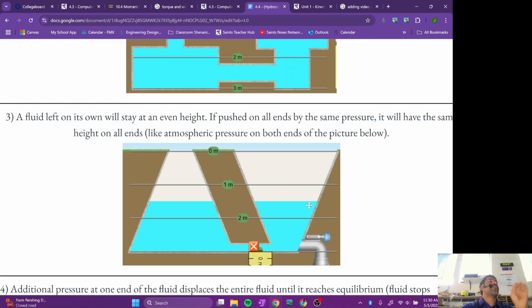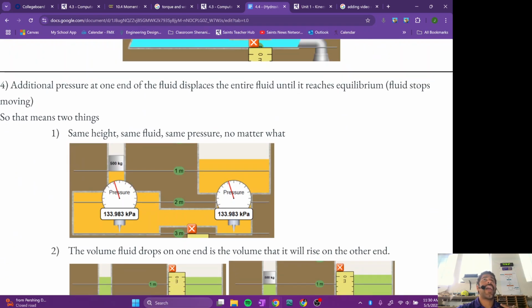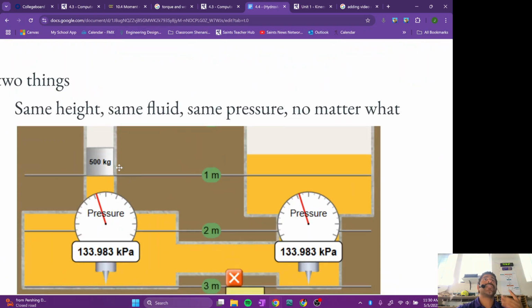And in order for a fluid to end up at a different height on the surfaces, you're going to have to add a pressure to it, right? So in this case, we have the fluid here being lower than this one because we added this 500 kilogram weight. When we added this weight, what happens to the water level on the other side? It rises up.